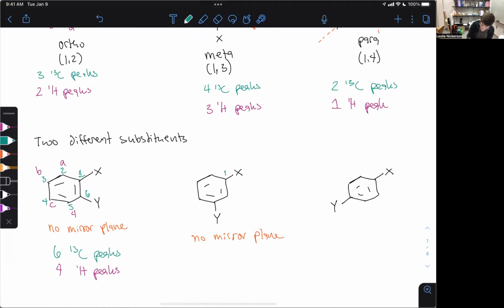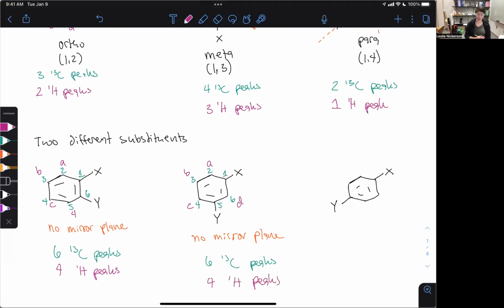So we're gonna have 1, 2, 3, 4, 5, 6. Another 6 carbon 13 peaks. And then A, B, C, D, 4 proton peaks.